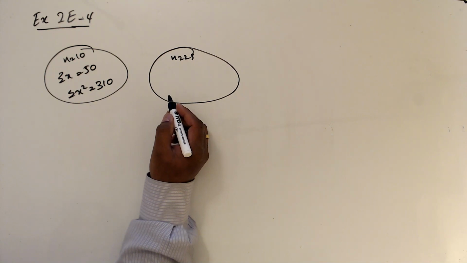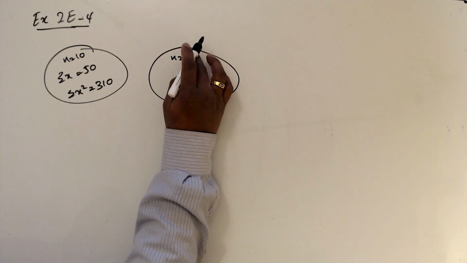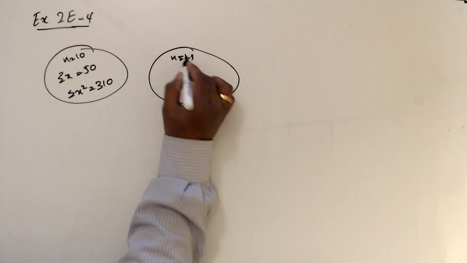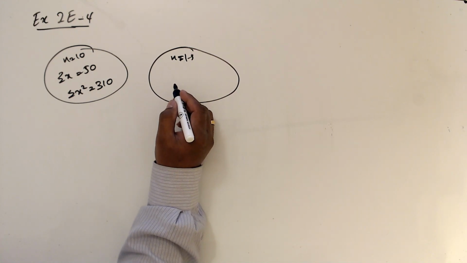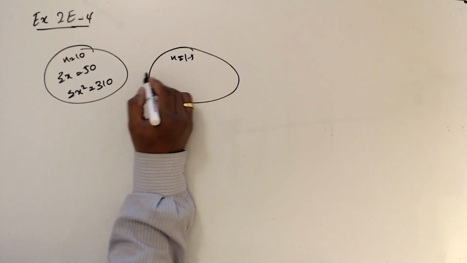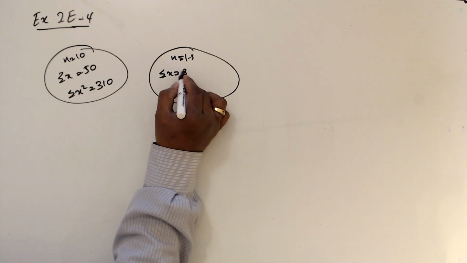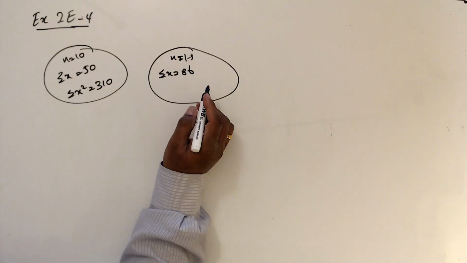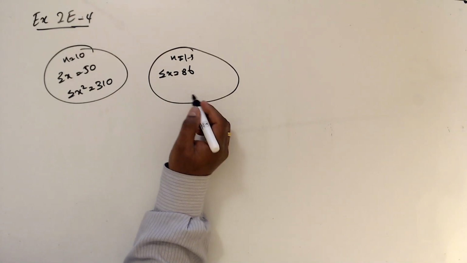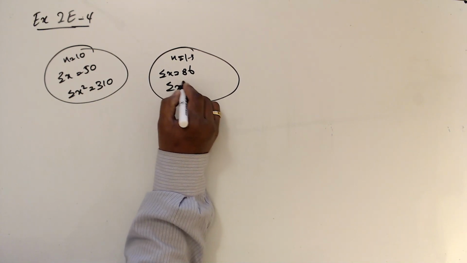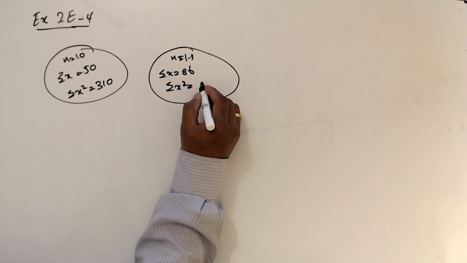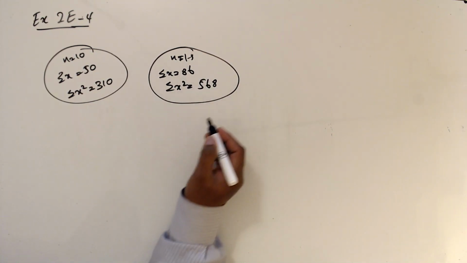And the other one, n equal 15, and summation x is 86, and summation x square equal 568.